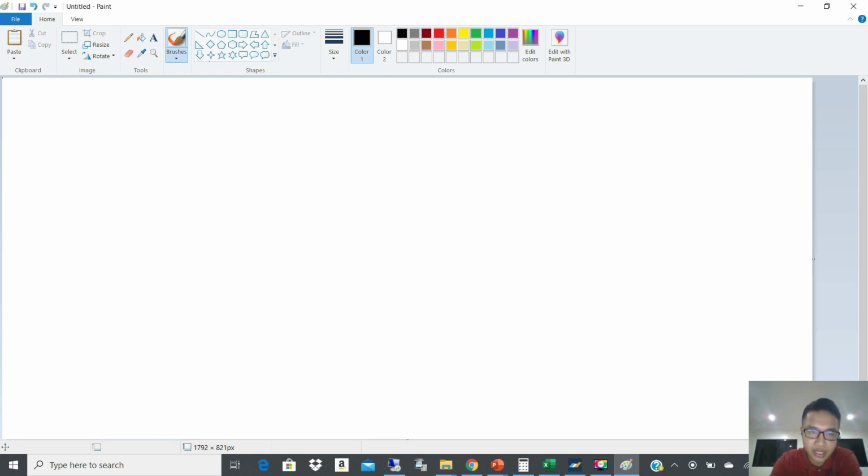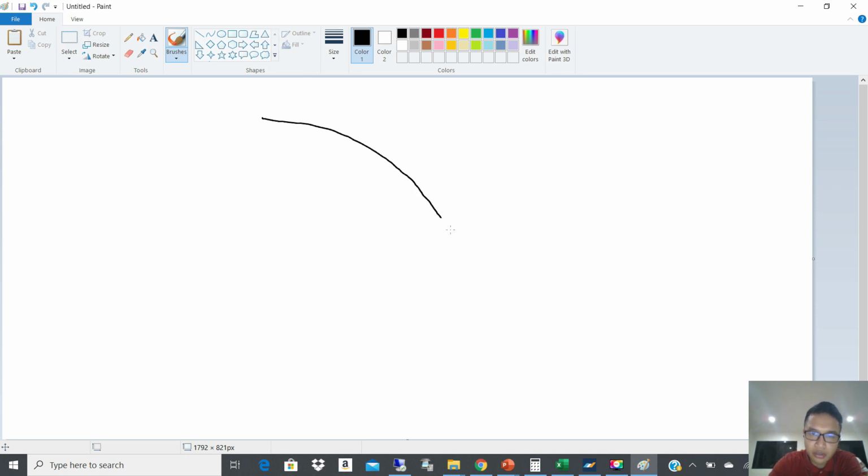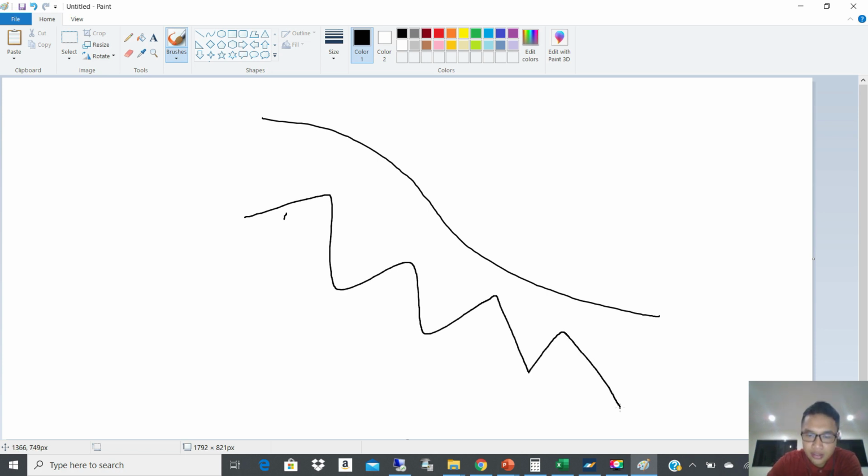But the good thing about this software is it trades based on trend. So if you have a downtrend, your EMA 200 is looking like that, and the price is going up and down, up and down, just below your EMA 200, it will always trade a sell based on the stochastic and RSI.